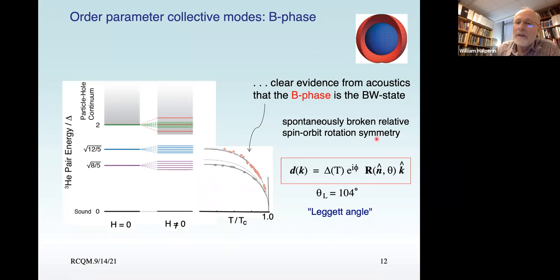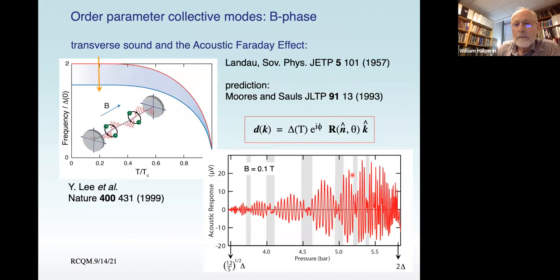It's not the dipole interaction. It is an intrinsic, spontaneously broken symmetry. It is the characteristic symmetry, I should say, for the B phase in the BW state. So if we can observe some aspect of that, you have a direct measurement of this being the so-called Balian-Wertheimer state. And here it is.